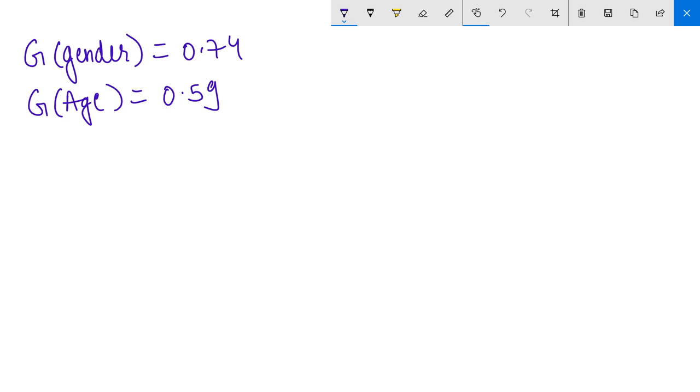So here we will be taking gender as my Gini index, and we will be splitting on the basis of gender only. And if you see the data set, what I have shown you, I think I can go back. I'm not sure. No, it will take a lot of time. It is obvious that we will be splitting on the basis of gender only, right?